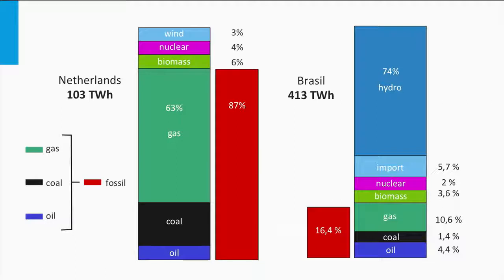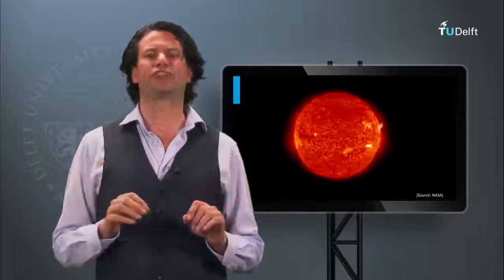Realize that sources for electricity generation might differ from country to country. For example, in the Netherlands, electricity generation heavily depends on the local gas resources, whereas in Brazil, hydroelectricity is the most important resource.